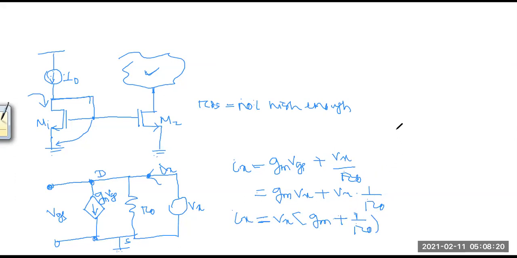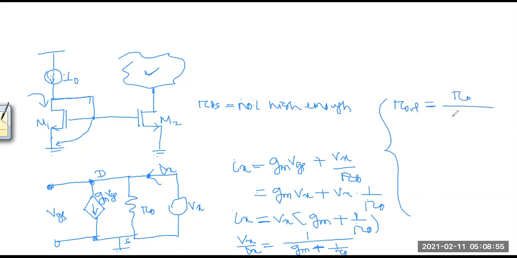Taking Vx common, if you solve this, you get Vx by Ix equal to 1 by (gm plus 1 by R0). Solving again, Rout, that impedance Vx by Ix, is R0 by (gm R0 plus 1).